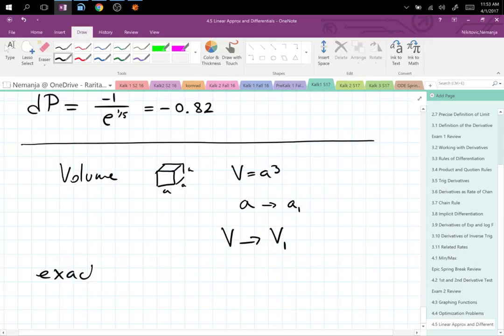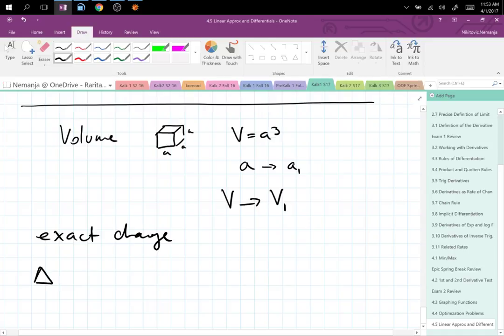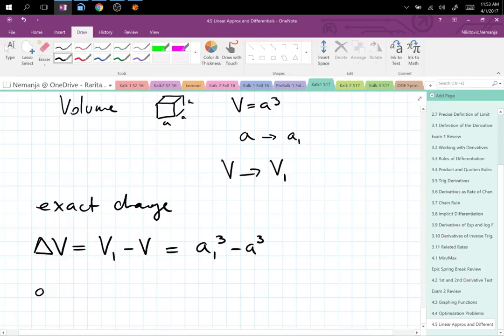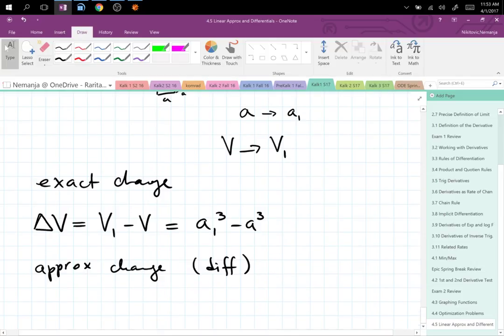But what I want to say here is that the exact change would be delta V, and that would be V1 minus the old V, which is A1 cubed minus A cubed. That's the exact change. The approximate change, which is our differential, is dV, and that one is V prime times dA.